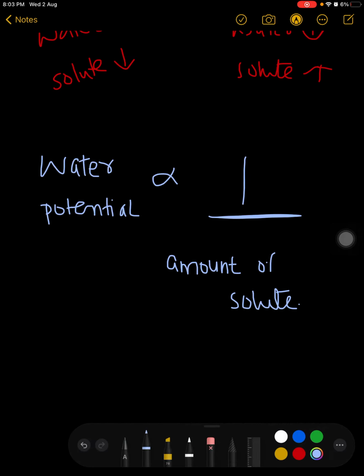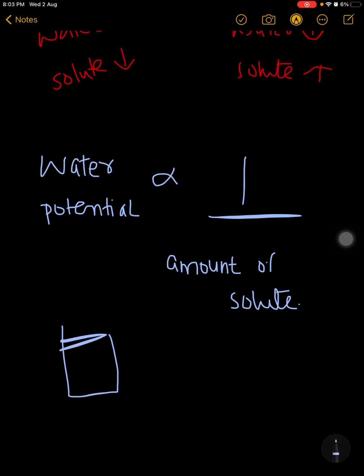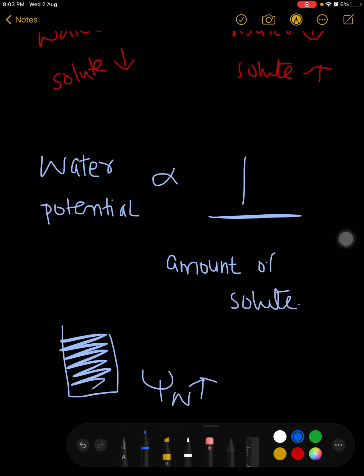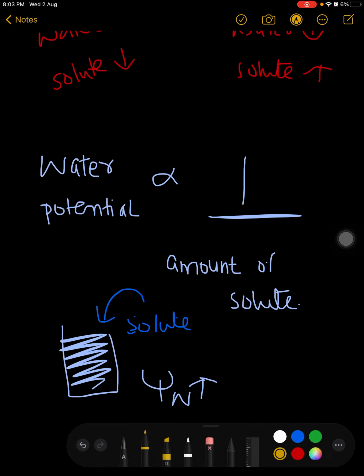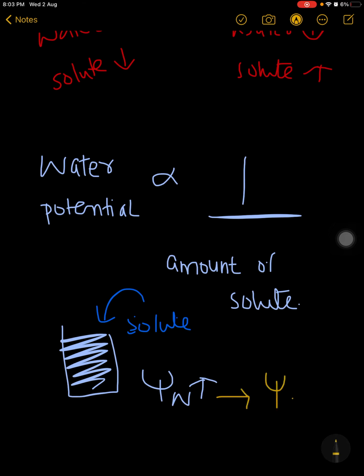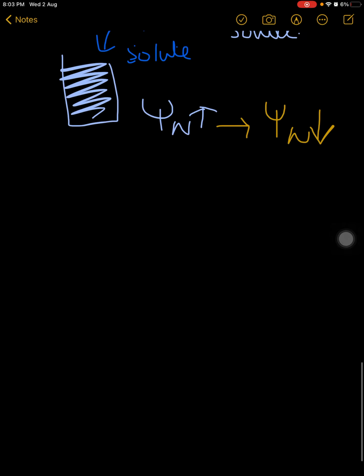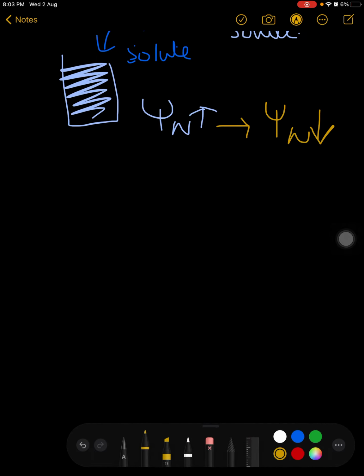Consider that this is a glass with high water potential, right? But if you add solute to it, now the water potential will decrease, right? Now let's talk about the solute potential or osmotic potential.